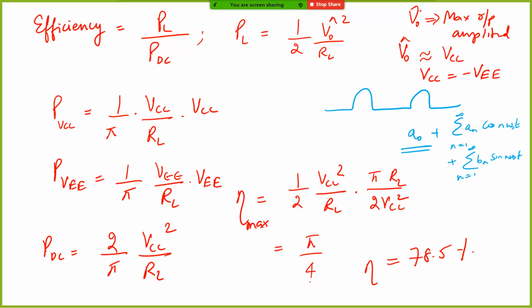So now we have seen that by this circuit technique that we have introduced, this class B amplifier has improved the max efficiency from 25% all the way to 78.5%. Now you can calculate it for other values of output voltage also.